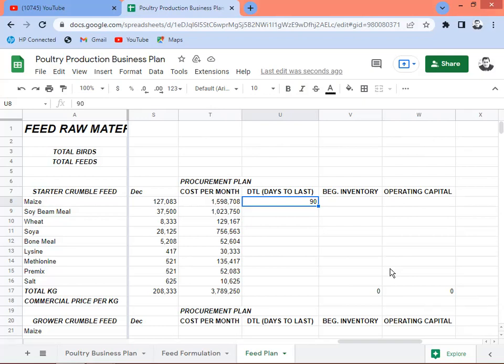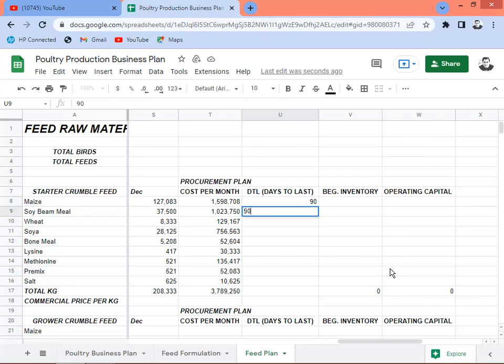It takes time to get your materials loaded in the ship, and then the ship will come to your country, and maybe it will take 1 month, or more than a month, or 2 months. So you need 90 days for your stock. You don't want disruption of your production operation in producing your feeds, because you ran out of inventory. So you need 90 days inventory, or days to last.